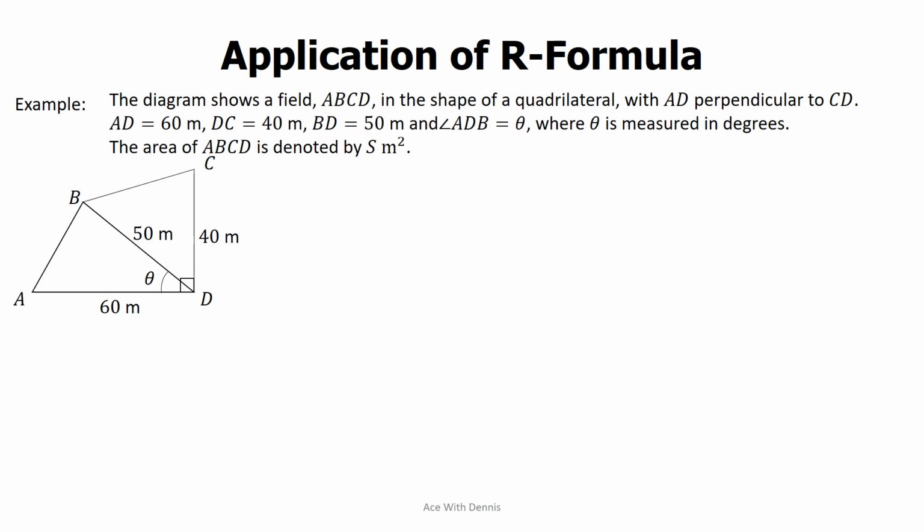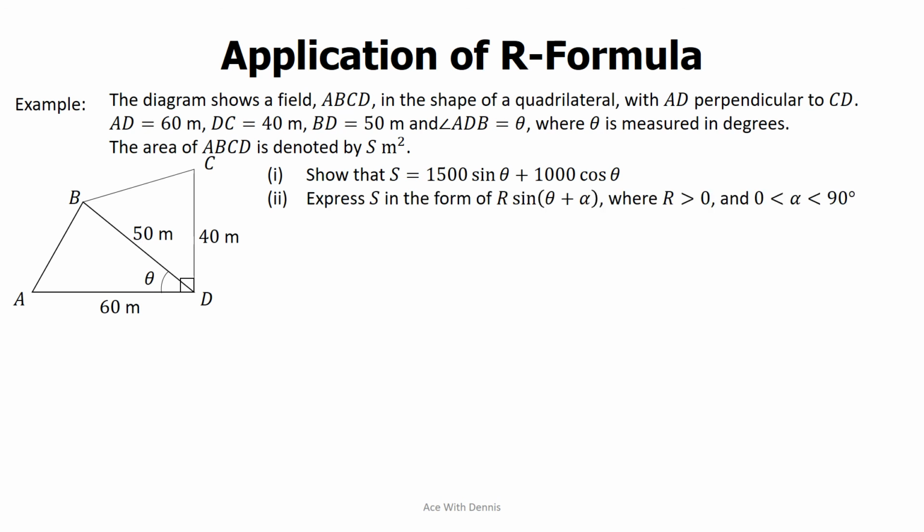The area of ABCD is denoted by S meters squared. The first question: show that S equals 1500 sine theta plus 1000 cosine theta. Second, express S in the form of R sine theta plus alpha, where R is greater than 0 and the range of alpha is from 0 to 90 degrees, and find the value of theta if S is 1450.